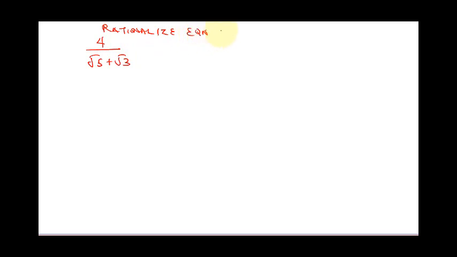In order to rationalize this, you know the rule. You need to bring in the conjugate. So this is root 5 plus root 3 multiplied by root 5 minus root 3 all over root 5 minus root 3.